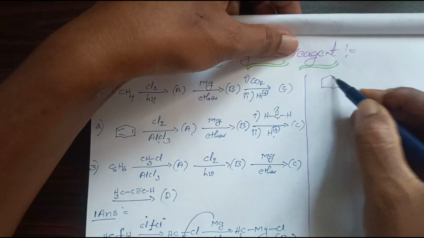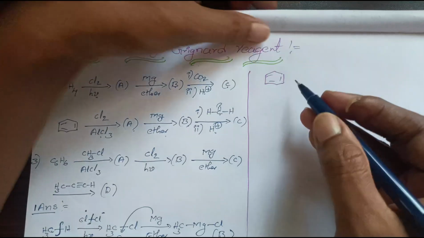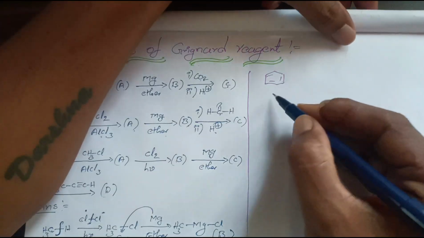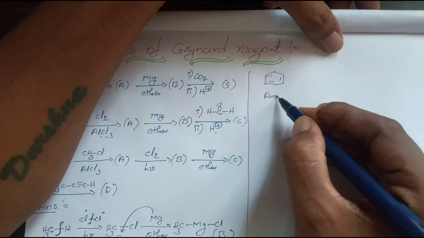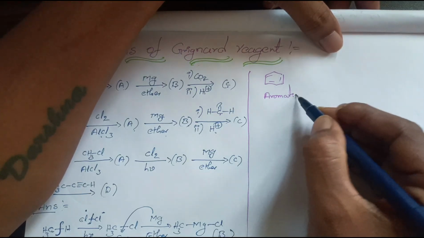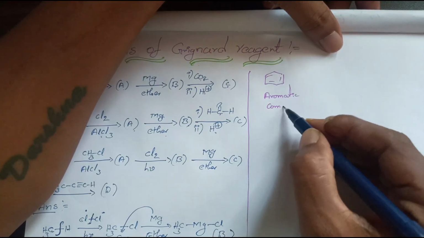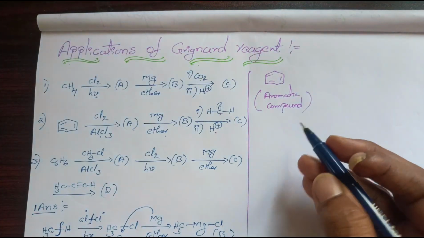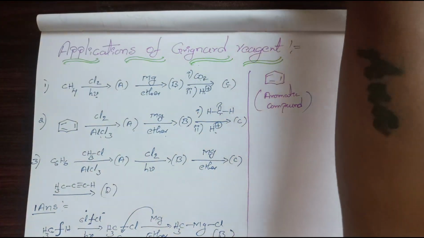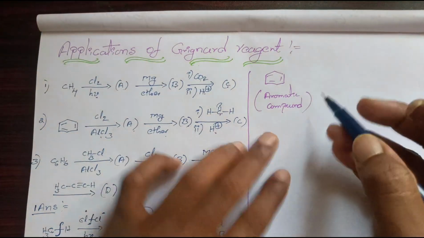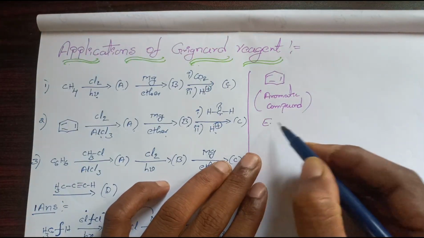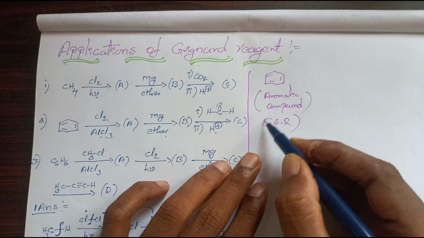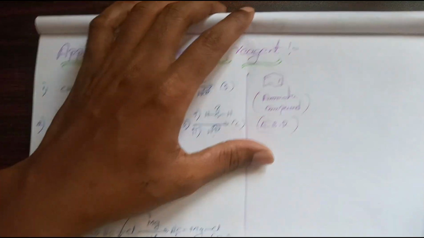Benzene is an aromatic compound. Aromatic compounds are involved in which reactions? Electrophilic substitution reactions.